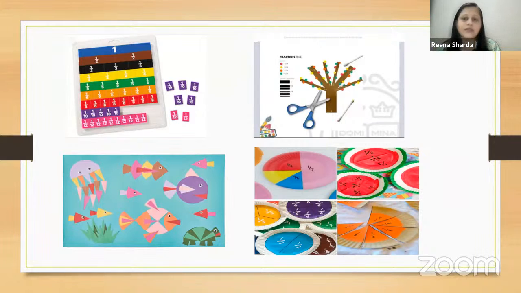They will cut the branches into half like this. Then they will fold the half branch into another half, that is 1 by 4. Now they will crush the paper and put it on the tree branches, and then they will count, like out of the total number of fruits, how many are red, how many are blue, how many are yellow.